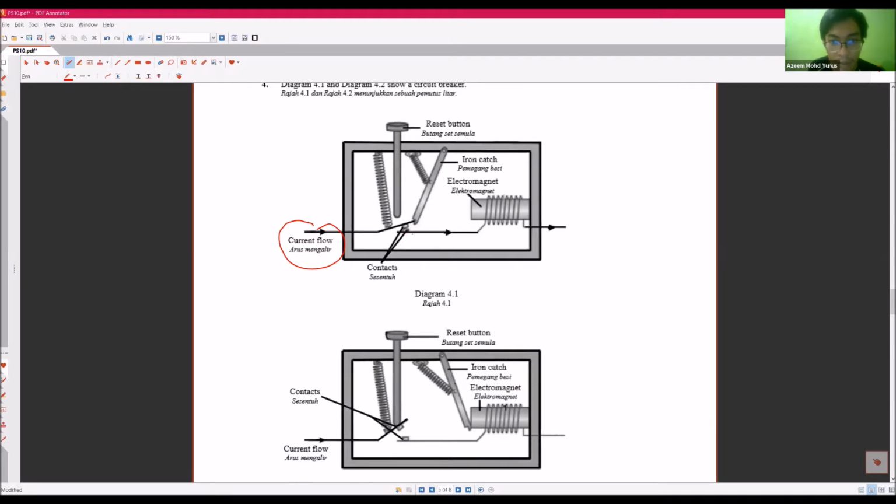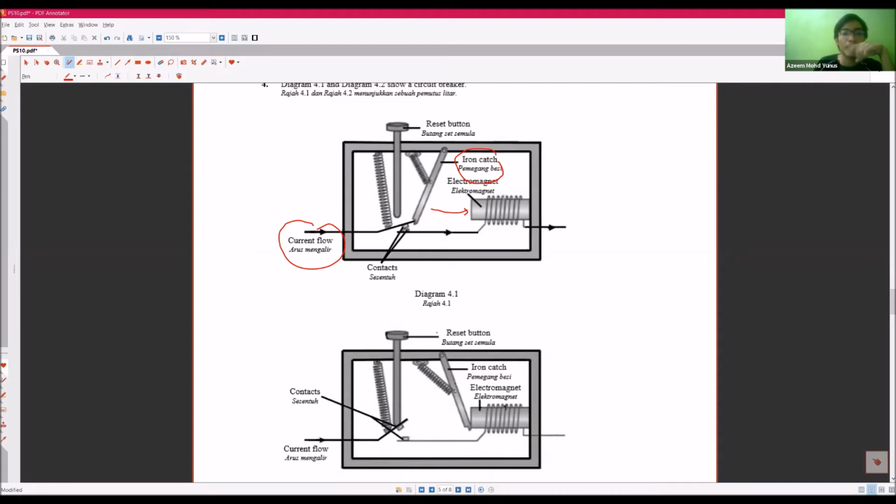You see a contact that makes the connection for the current to flow into the electromagnet. So it becomes a temporary magnet. Thus, it will attract the iron catch towards the electromagnet.